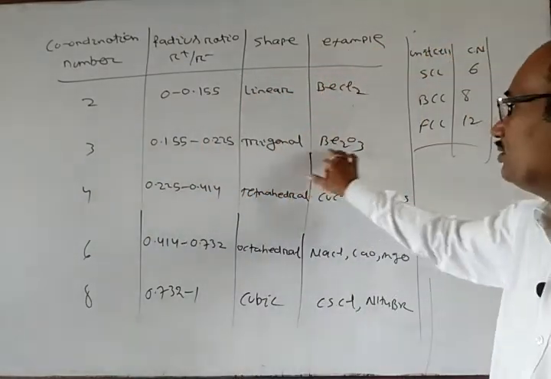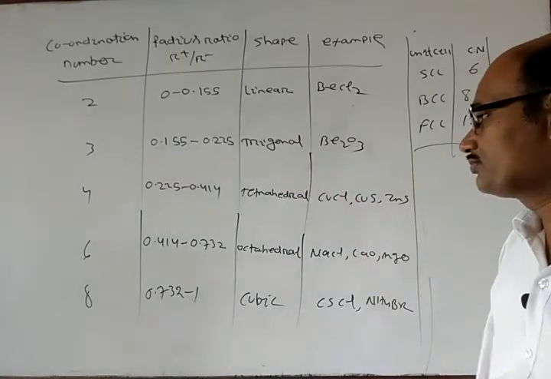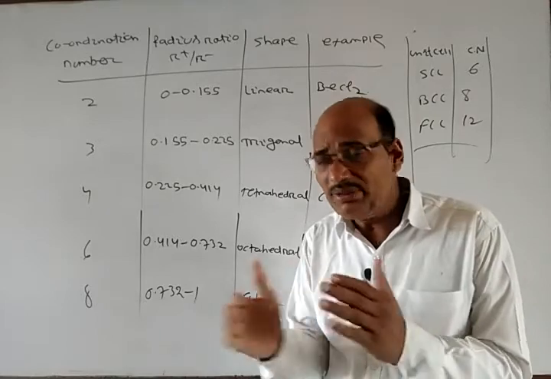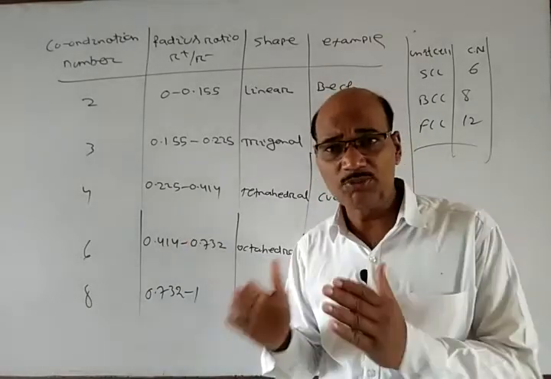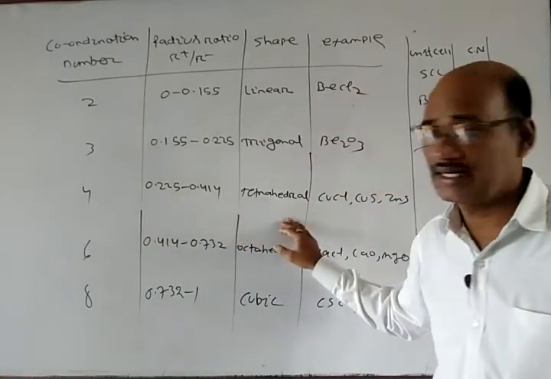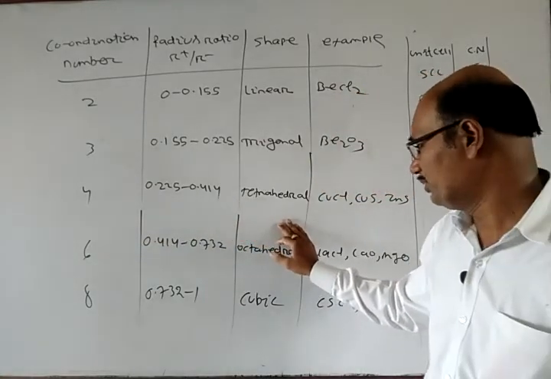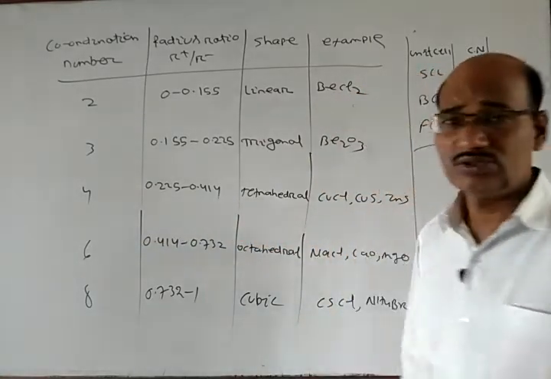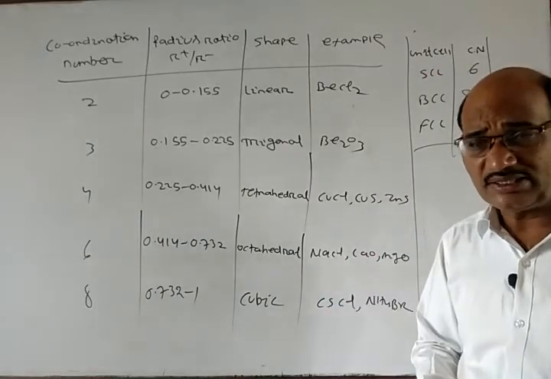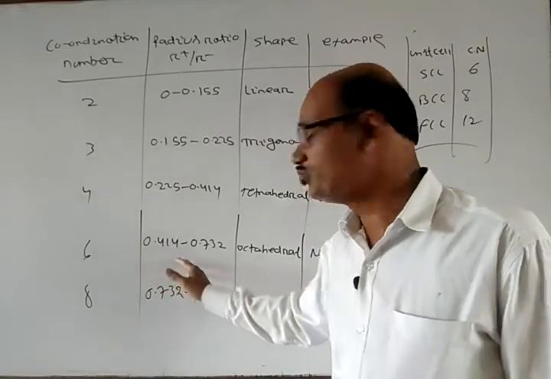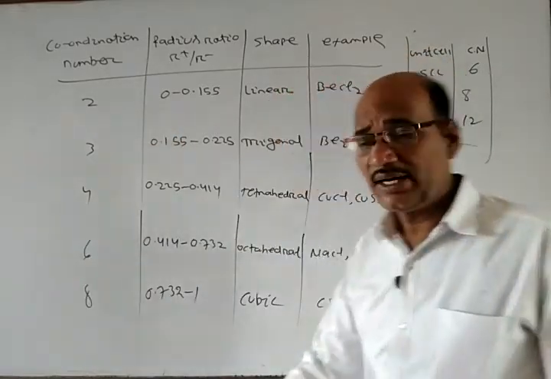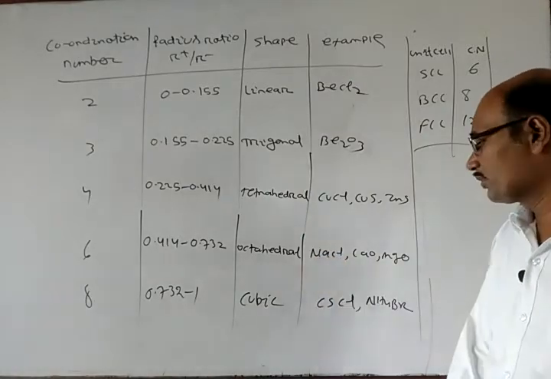We have the example here, B2O3. Similarly, if the radius ratio value lies between 0.225 and 0.414, then the coordination number will be 4 and the shape will be tetrahedron. We have examples here: CuCl, Cu2S, zinc sulfide. And the next range, 0.414 to 0.732, the coordination number will be 6 and the shape will be octahedron.